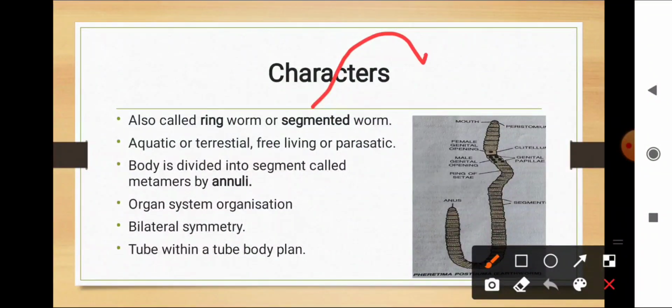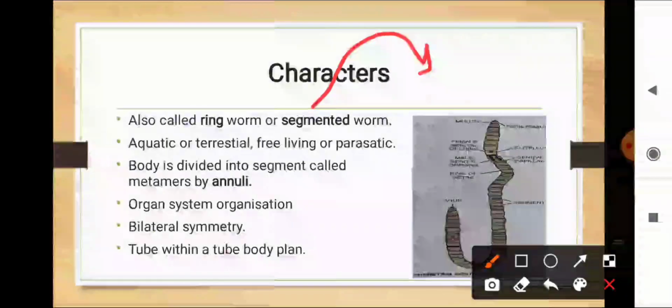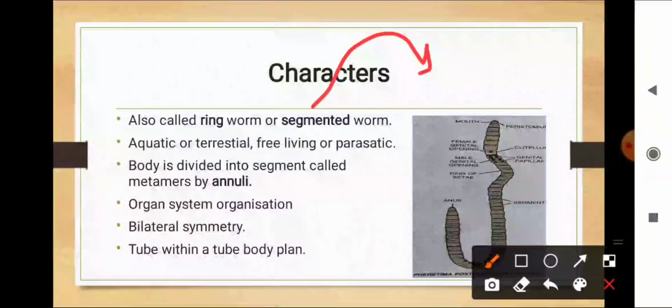Segment can be defined as a term in which an individual body part is repeatedly present; it is known as segmented. For example, let's look at an example by taking an earthworm.